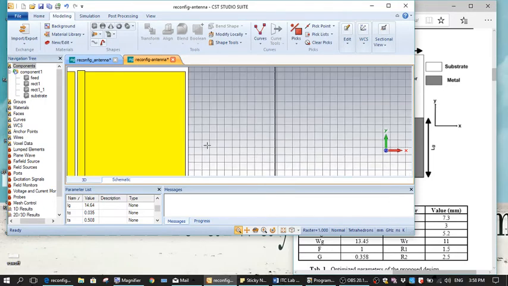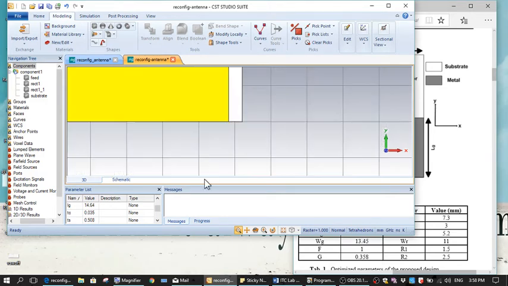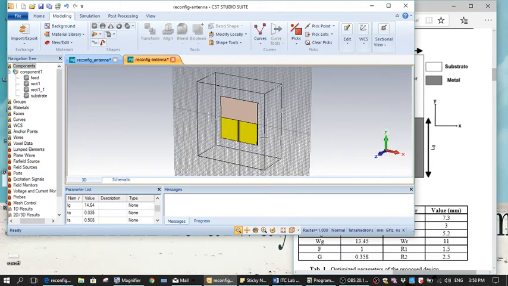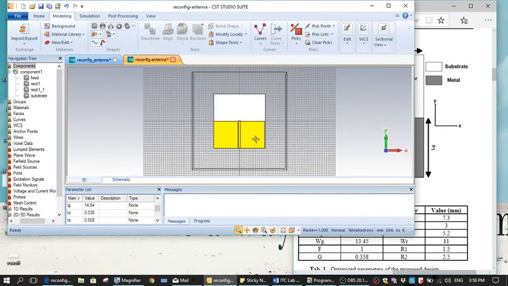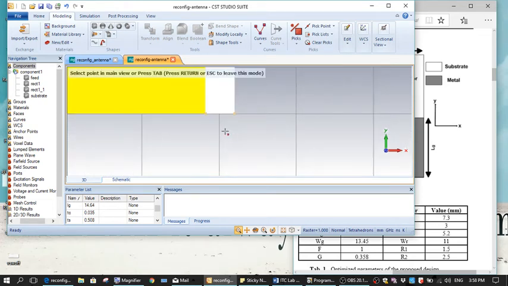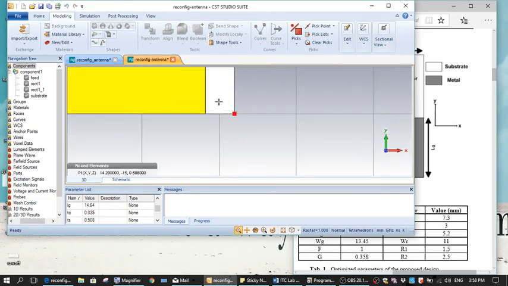Okay, let's do another thing. Let's mirror these points. So press P and then again press P. So it is 0.379. Let's add 0.379.